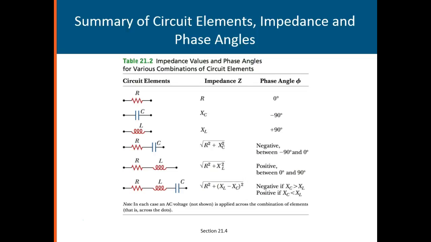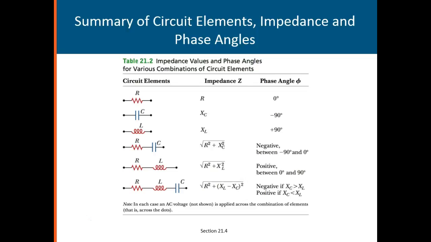You need to give it to me as an inverse tangent. Inverse tangent of X of C over R. Okay? And that would be negative, something between minus 90 and 0, because it would be down here. X of C is always lagging. R is in phase, so it would be something between that. You could have given it as an inverse tangent of X of C over R.